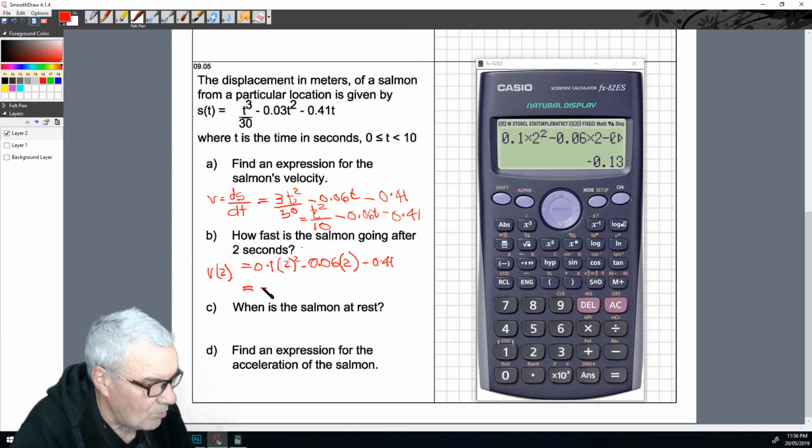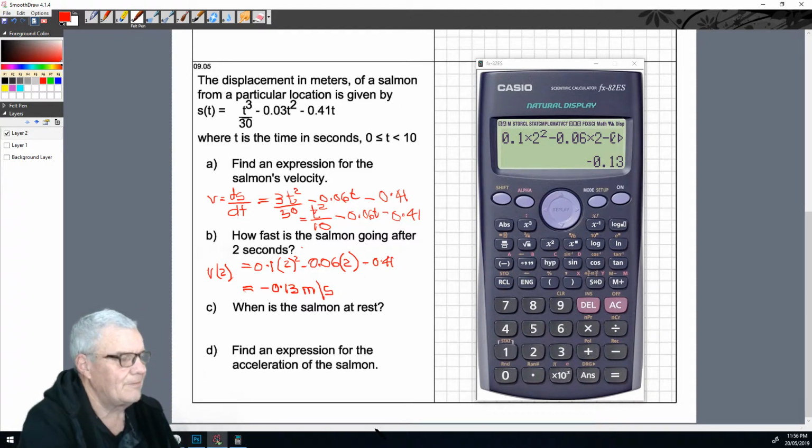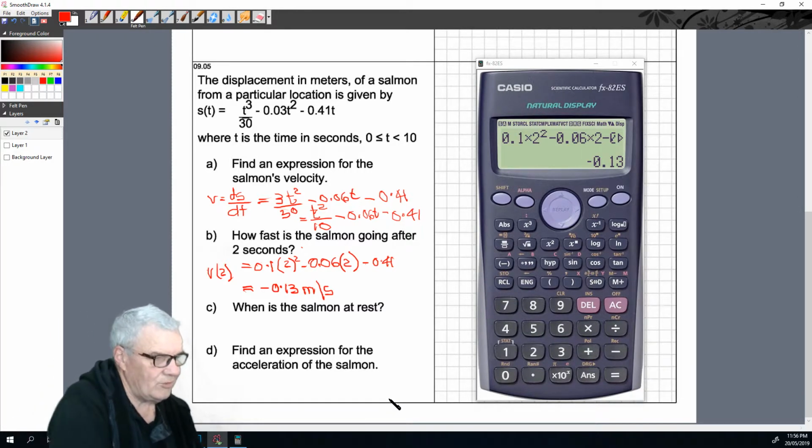So the velocity equals minus 0.13 meters per second. All right, let's put the calculator away for a little while.